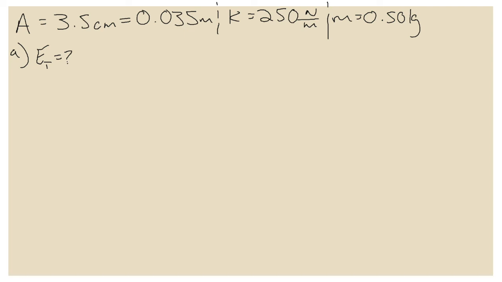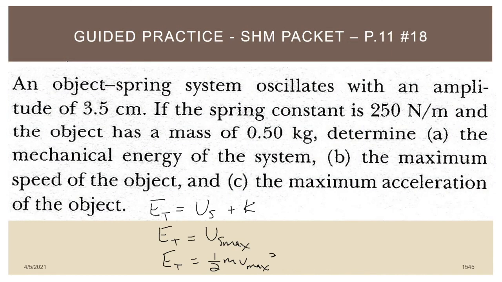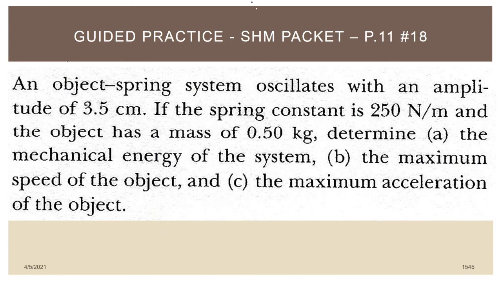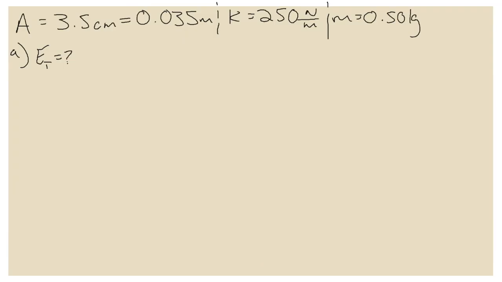Now, with the information we have here, we could determine the maximum speed. Notice that's part B. But since they already told us the amplitude, the smartest thing for us to do here, or at least the smartest thing in my opinion, would be to use the fact that the total energy is going to be equal to the amount of work we put in, which is going to be equal to 1/2 k a squared. If you think about it like that, this turns into a pretty simple plug-in.